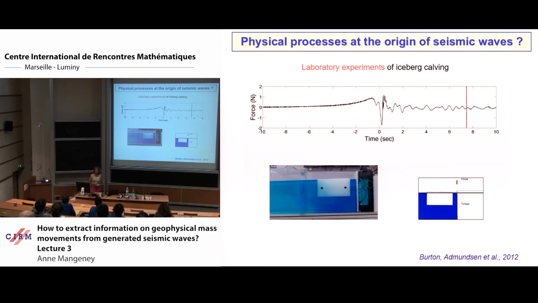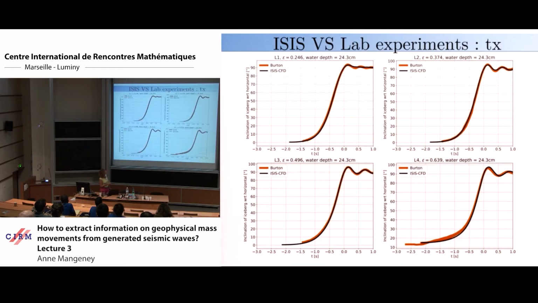But just to show you that there is some kind of experiment where we can test the model. And it is what we did for an iceberg that is freely rotating in fluid. You can see the inclination of the iceberg as a function of time. These experiments are in brown here. And this is the simulation with the full Navier-Stokes equation. And you see that we recover well the inclination of the iceberg.